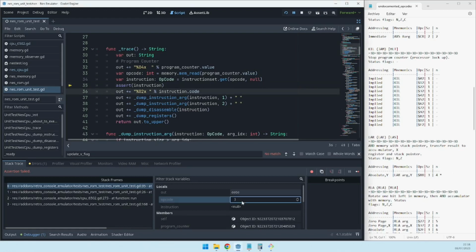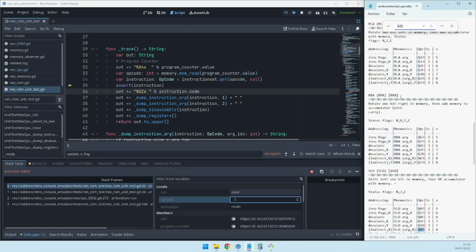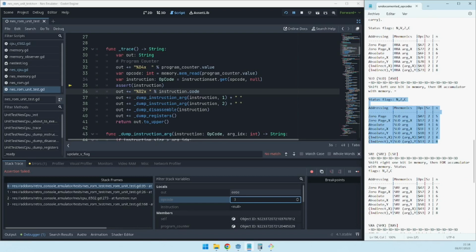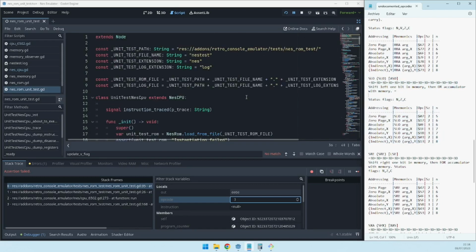So the instruction is 3. Let's search 03. And 03 is this, SLO. Shift left 1 bit in memory, then OR the accumulator with memory. Okay.